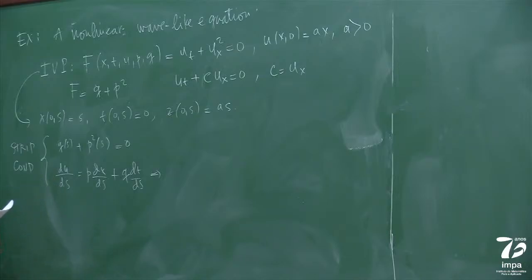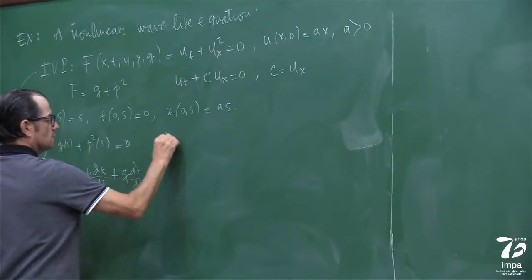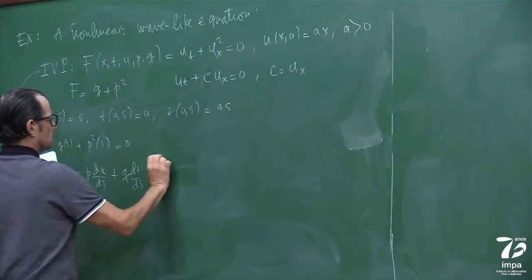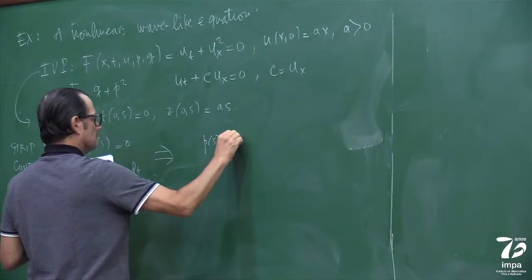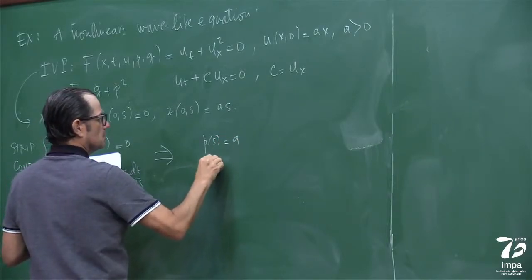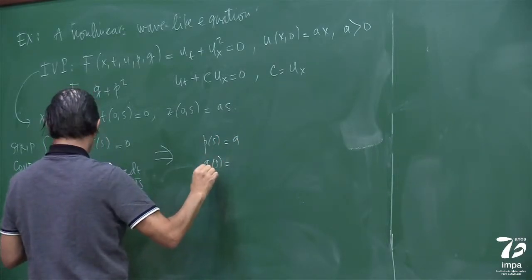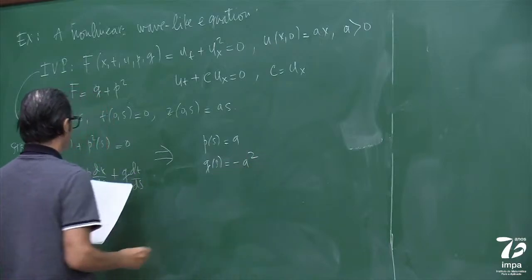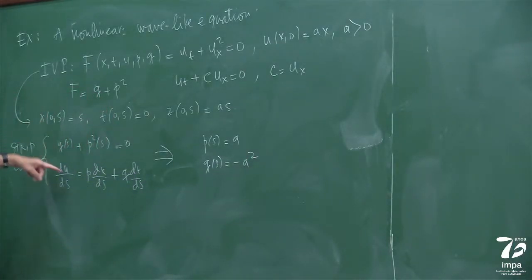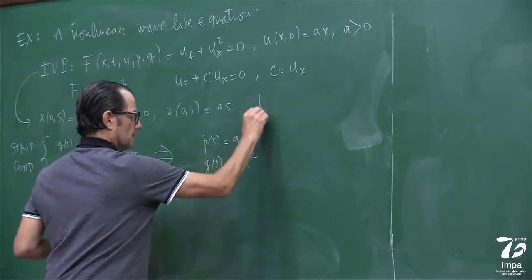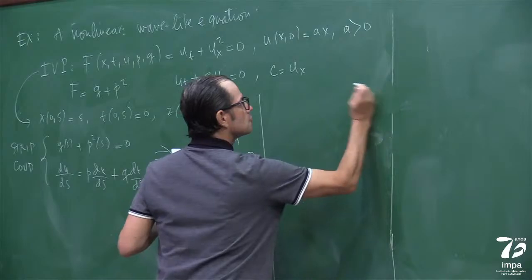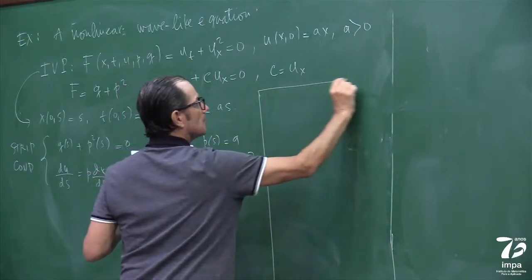And this strip condition, that we saw, is sort of easy to solve. And this will give us, as I said, I will not do everything because it's very simple. We got that P of S is A, Q of S is minus A squared, just plugging in these guys here. Very simple. Let's see, it saved the blackboard. I have to always be thinking about this because it's good for the video to stay in the same blackboard.